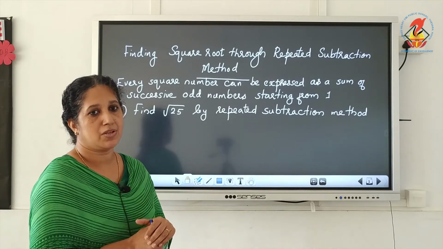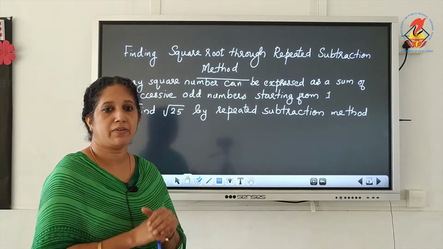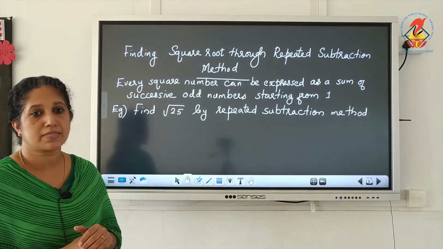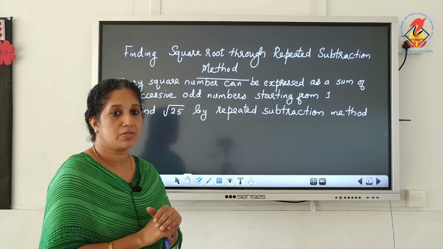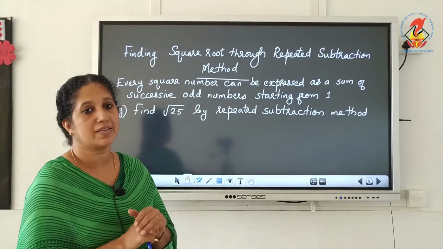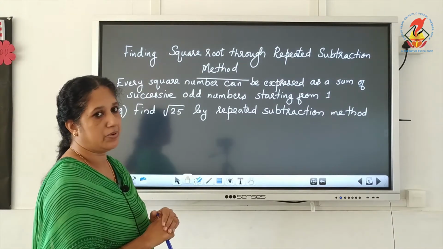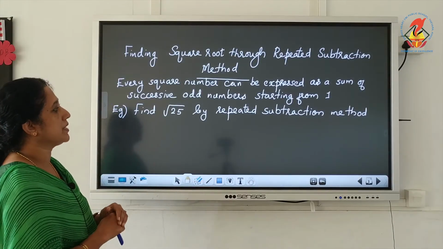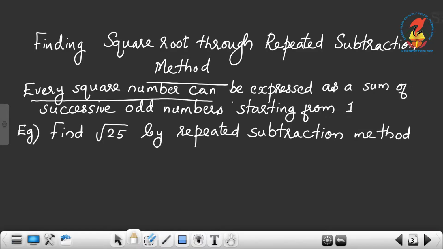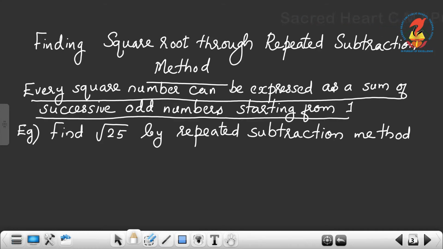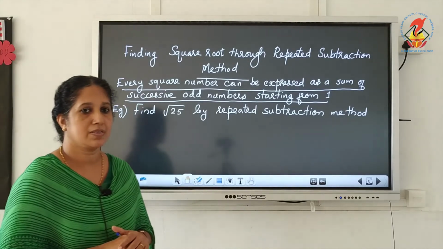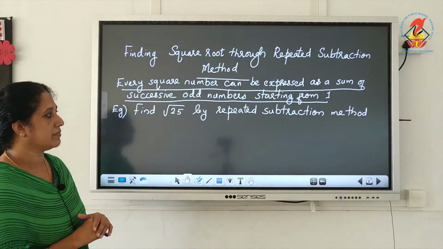Every square number can be expressed as the sum of consecutive odd numbers starting from 1.